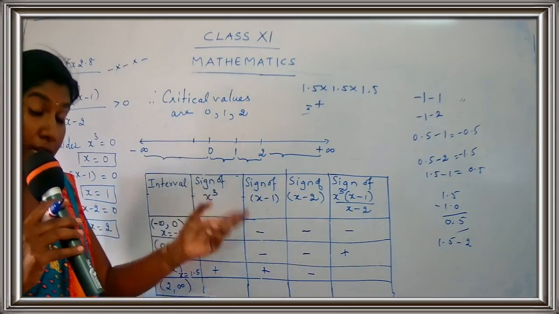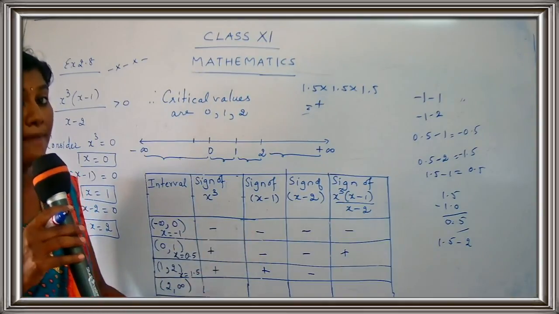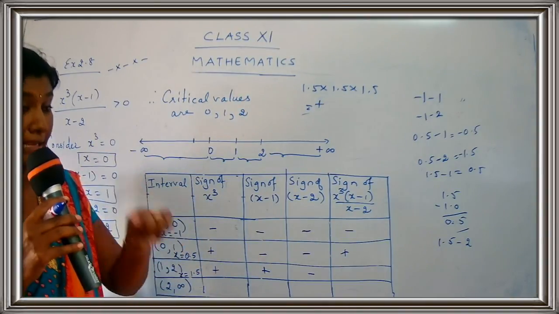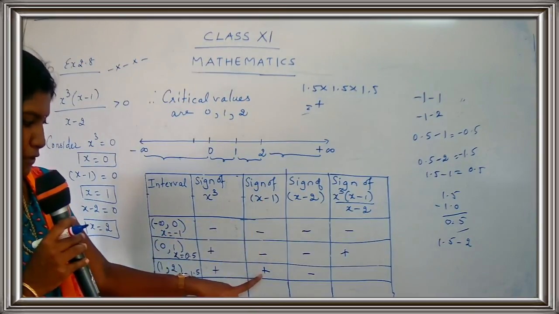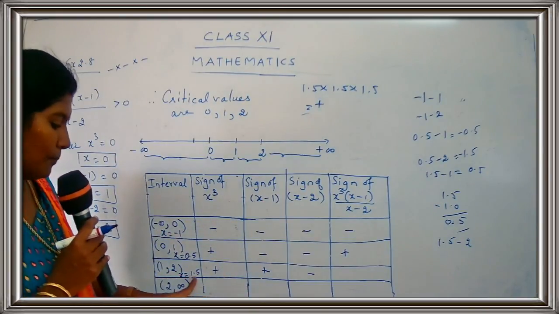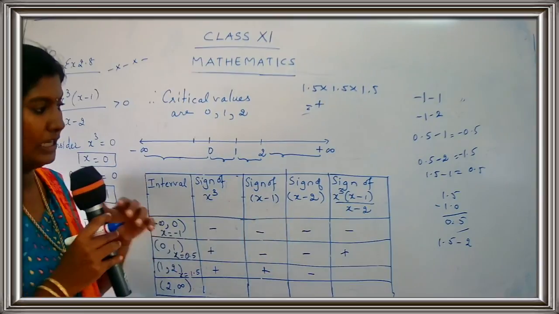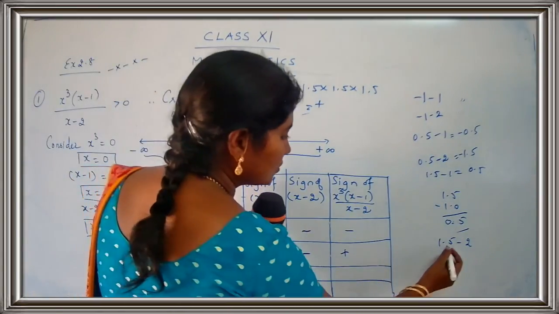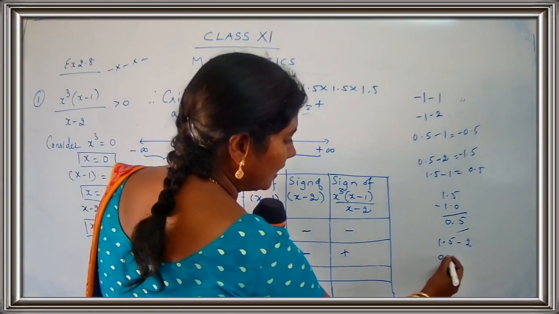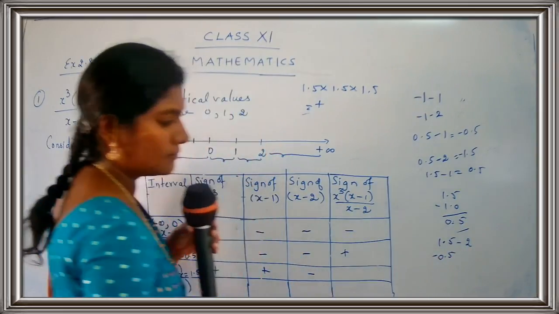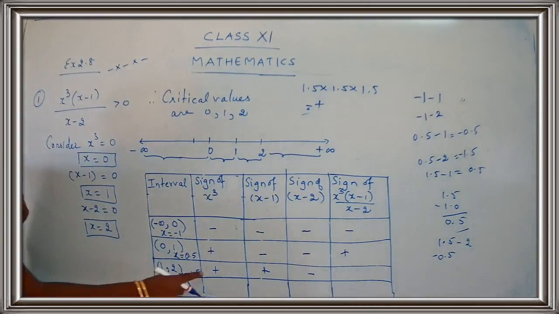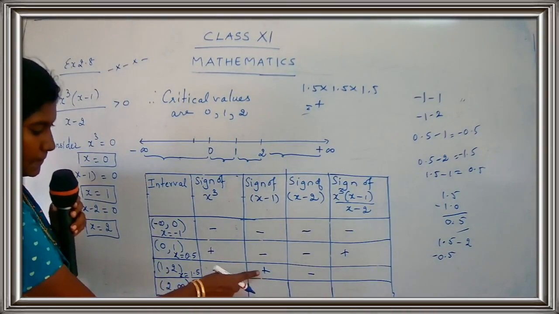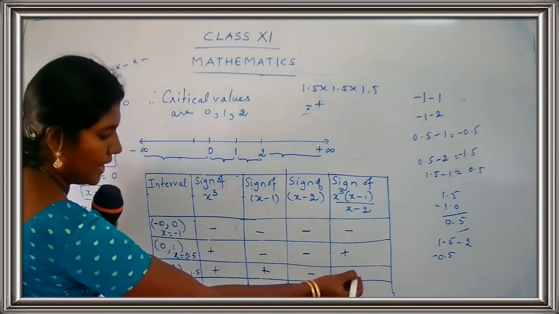If the smaller number comes first and the bigger number comes next, you will get a negative answer. See here, 1.5 minus 1, I got a positive answer. 1.5 minus 2 will give you a negative answer. So 1.5 minus 2 is 0.5. The bigger number is 2. So minus 0.5. So minus. Plus into plus, plus. Plus into minus, minus.